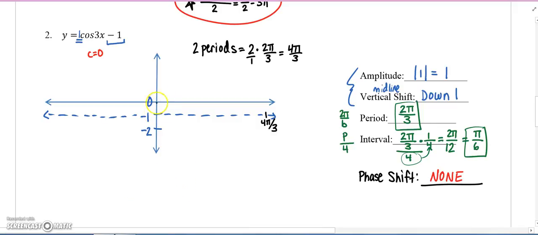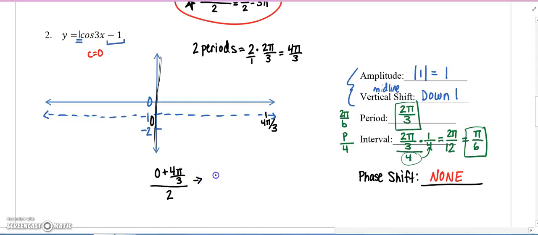Alright, I'm starting right here at the x value, x equals 0. So halfway between 0 and 4 pi over 3. To figure that out, we would add them and then divide by 2. But wait, once again I have a fraction and a fraction. Ugh, that's annoying.